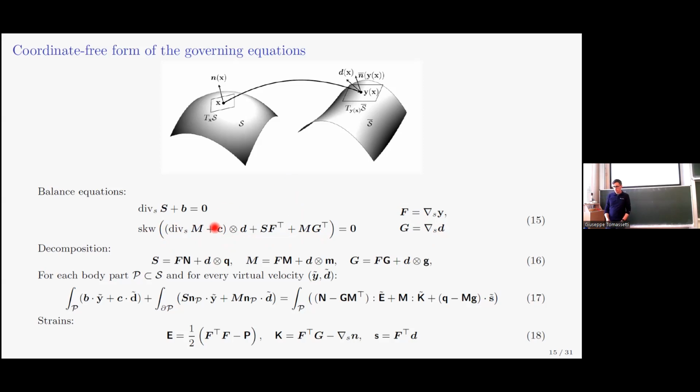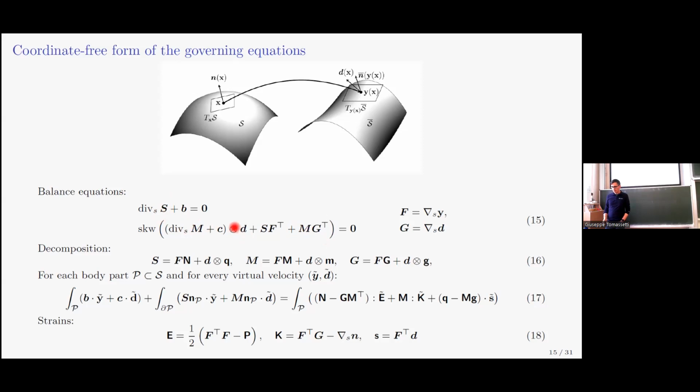Okay, let's look at this equation. Here you see that another object appears which you do not have in the three-dimensional theory, which is this tensor field M. The tensor field M delivers contact couples, which are responsible for bending, which go along with the contact forces, which are described by S. So M is sort of analogous to the Piola stress S, but it works for couples, okay?